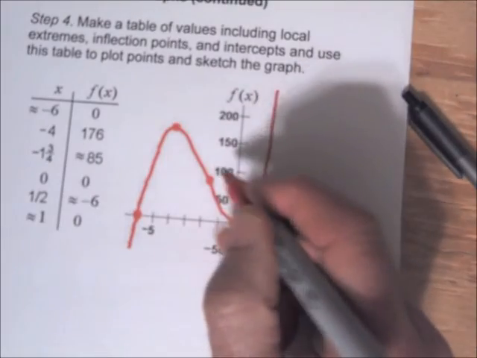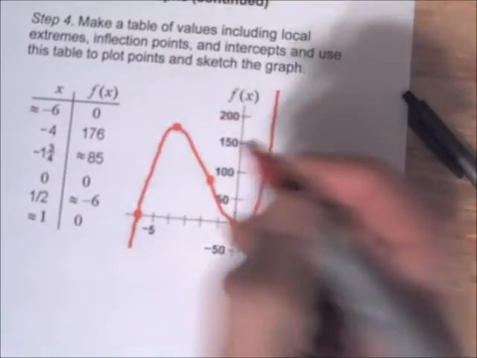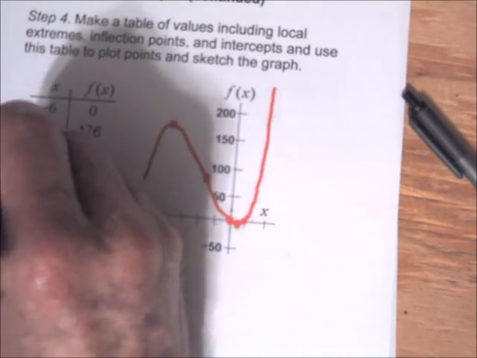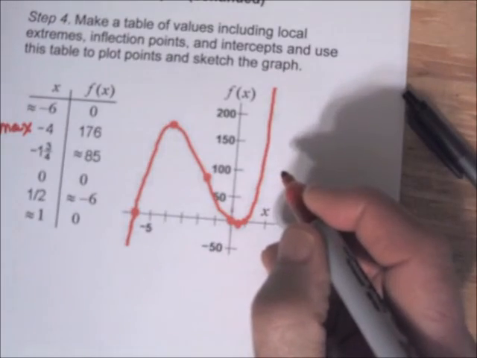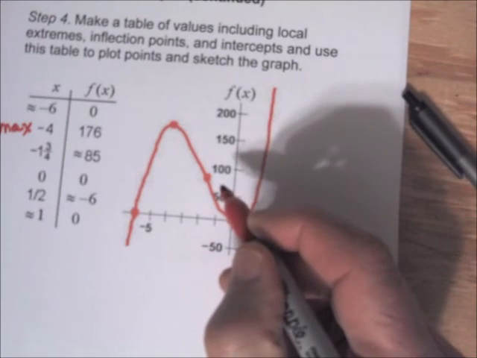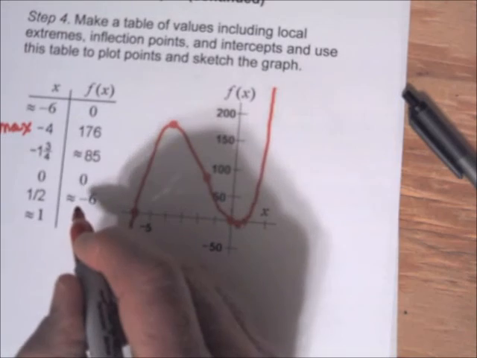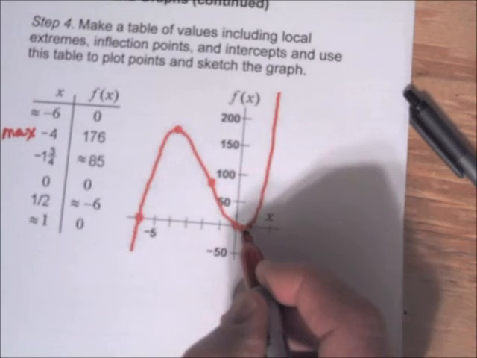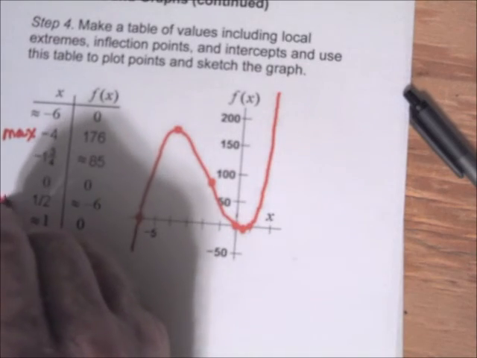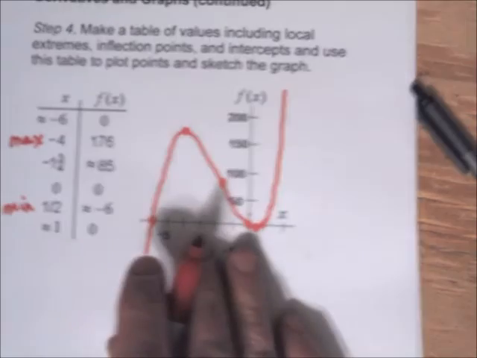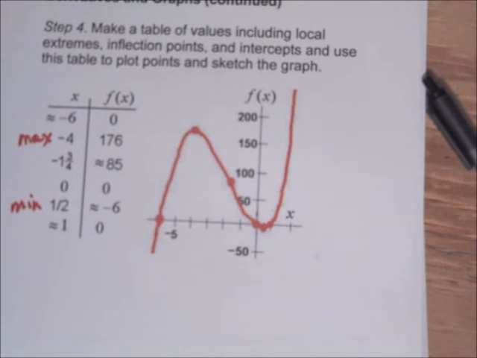There's no absolute min or max, but there's a local max here at negative 4, and there's a local min here at 1/2. I'm not writing the word local, but it's supposed to be local. It's not an absolute min or max. It's a local min or max.